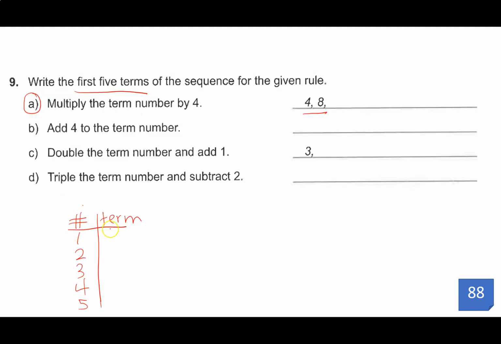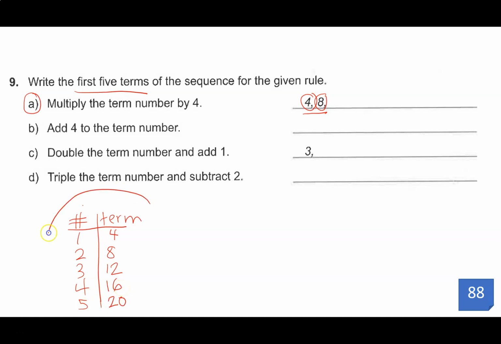So 1 times 4 is 4. Okay, we're on the right track. 2 times 4 is 8. Perfect. 3 times 4 is 12. 4 times 4 is 16. And 5 times 4 is 20.